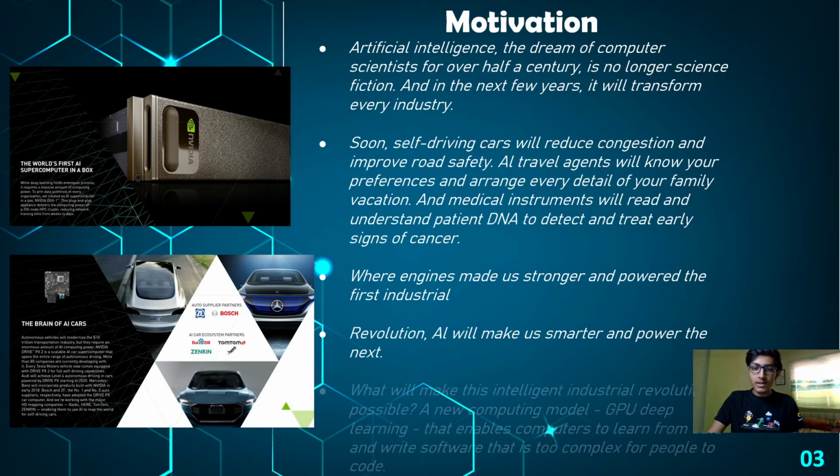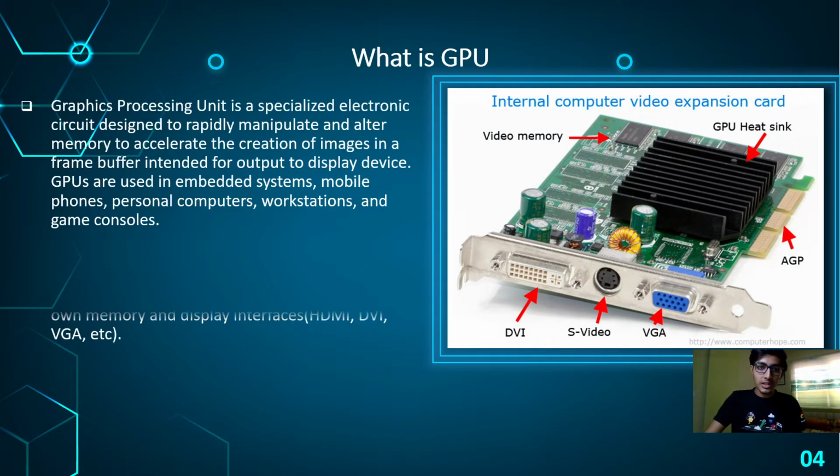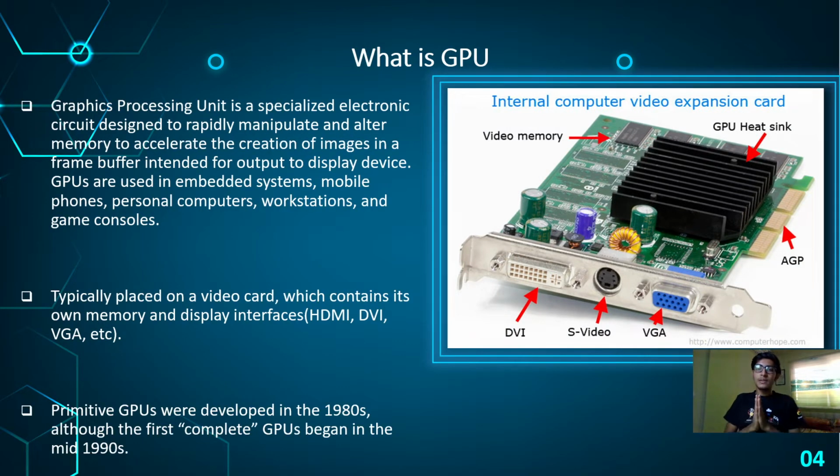So coming back and going forward, what is GPU? So GPU can be described as an electronic circuit used to accelerate and create images at a greater speed than the CPUs. The GPUs are used in embedded systems, mobile phones, computers, workstations, everywhere.